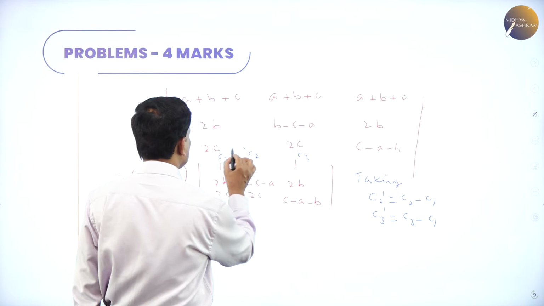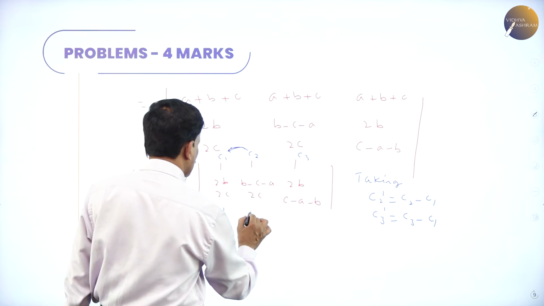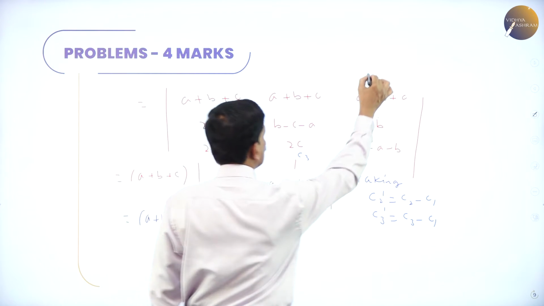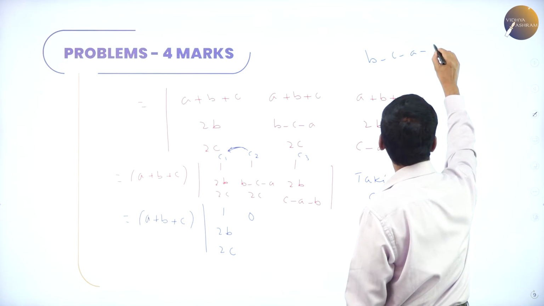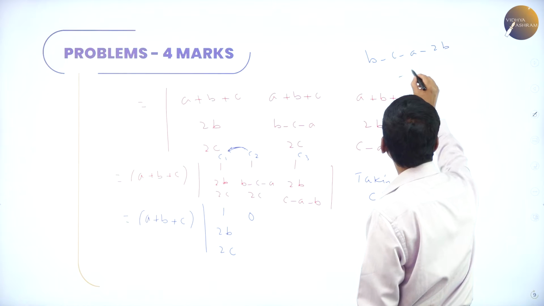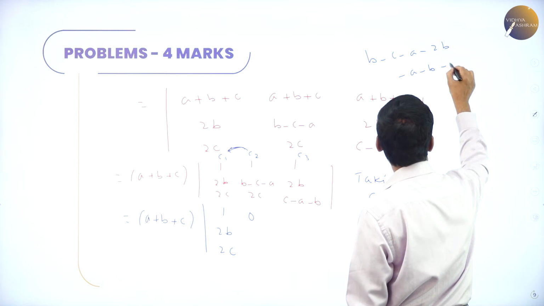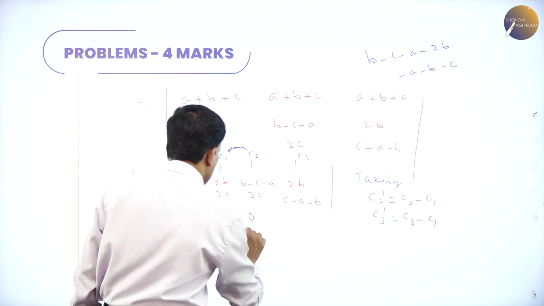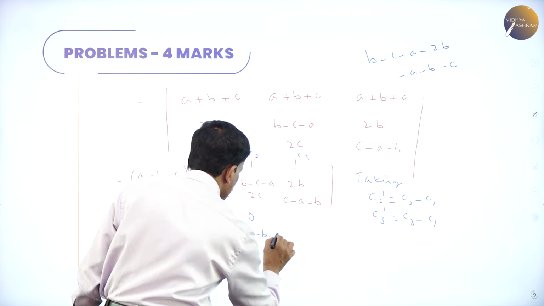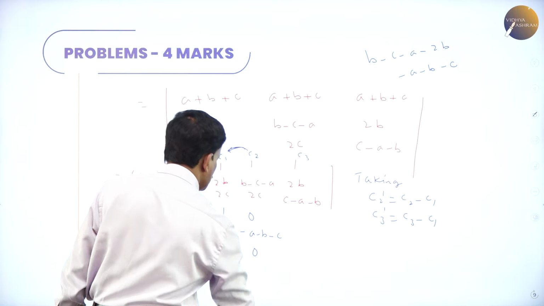C2 minus C1, these two: 1 minus 1, 0. B minus C minus A minus 2B. So this can be minus A minus B minus C, because B minus 2B is minus B. So this becomes minus A minus B minus C, 2C minus 2C, 0.